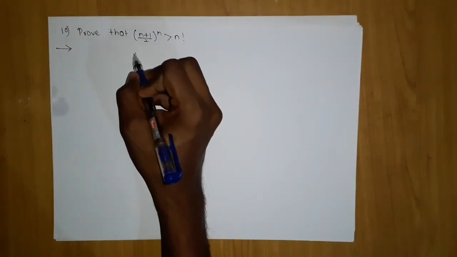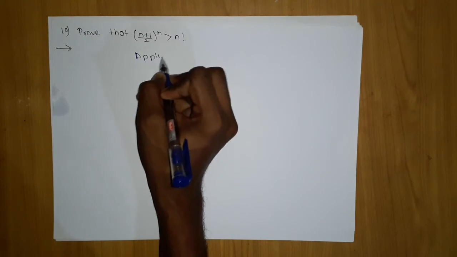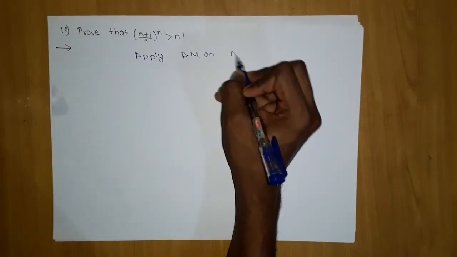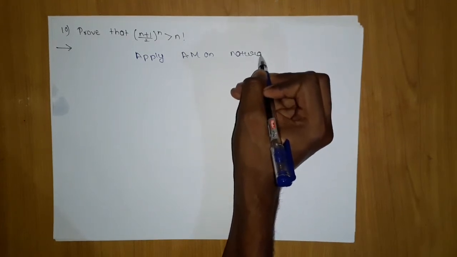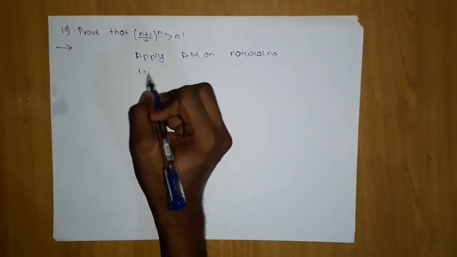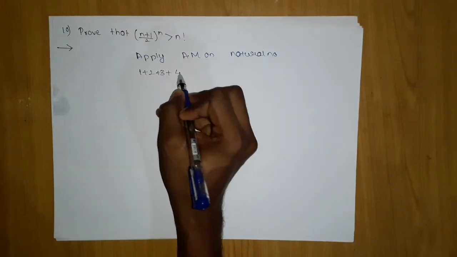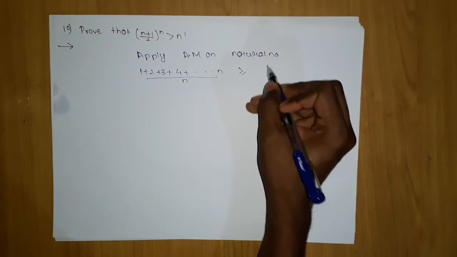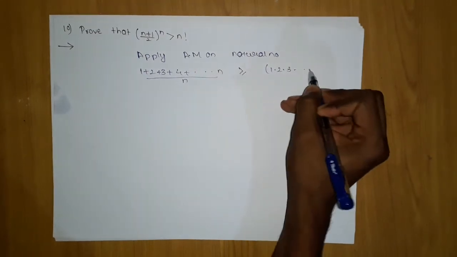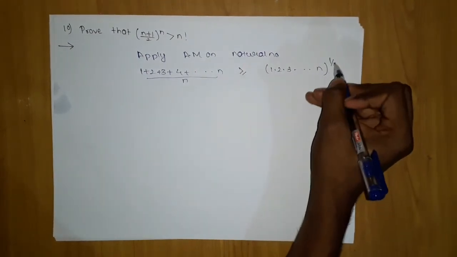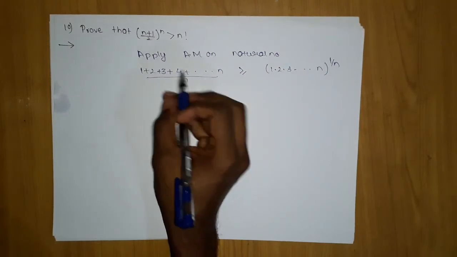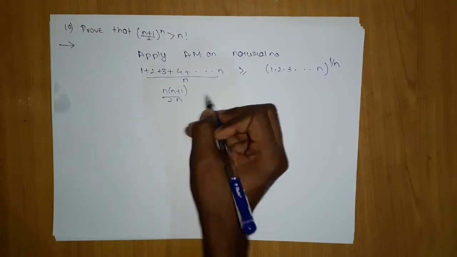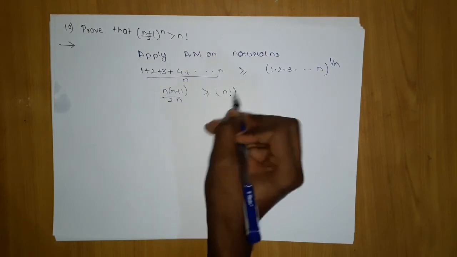So apply AM-GM on natural numbers. (1 plus 2 plus 3 plus 4 plus so on till n) upon n is greater than or equal to (1 dot 2 dot 3 dot so on till n) power 1 by n. The sum of this is n into (n plus 1) by 2 into 1 by n, greater than or equal to n factorial power 1 by n.